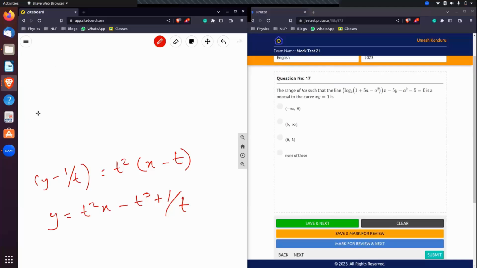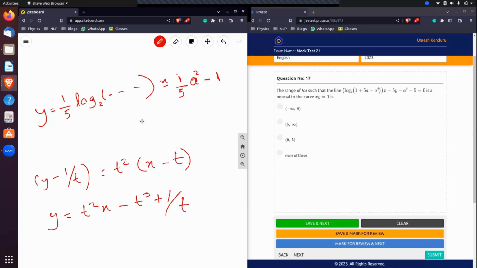In this equation you have y equals 1 by 5, this log term here, minus 1 by 5. So that means this entire log term here, if it's t square, then this thing out here will be equal to t cube plus 1 by t.